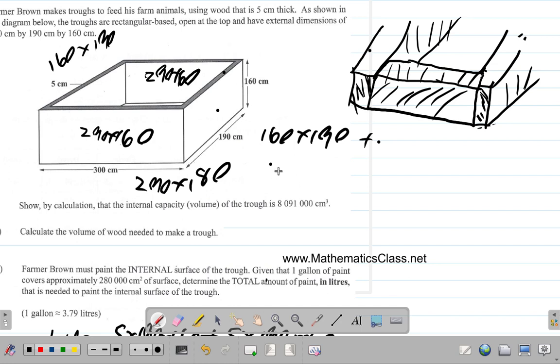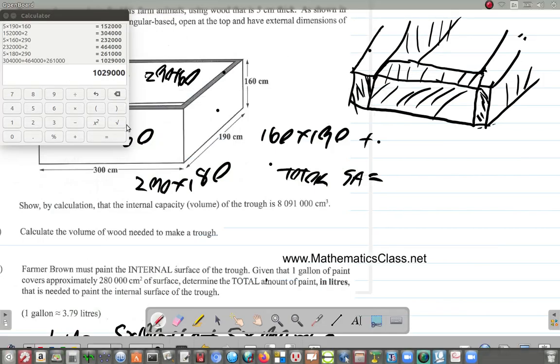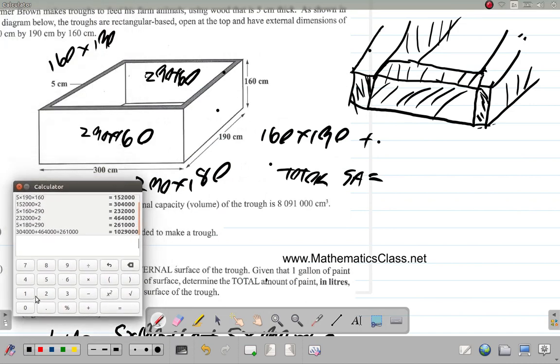So now, the total surface area, you get back the calculator now. The left and the right are 160 high by 190 long.